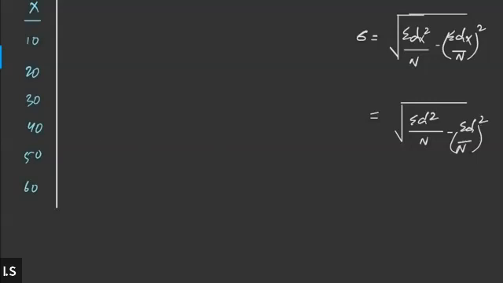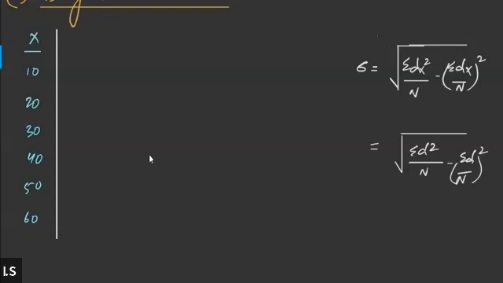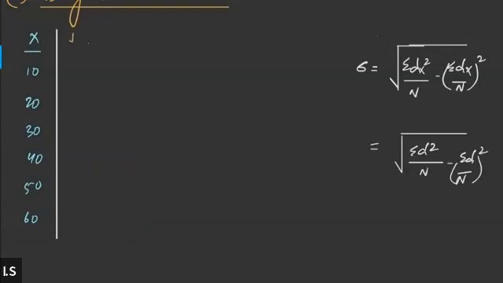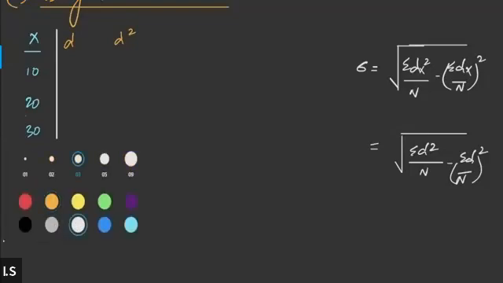Okay. So according to the formula, we need to calculate the d first of all, and after calculating d, we will have to do the square of it. And then we will put these values into the formula. So let's do it.